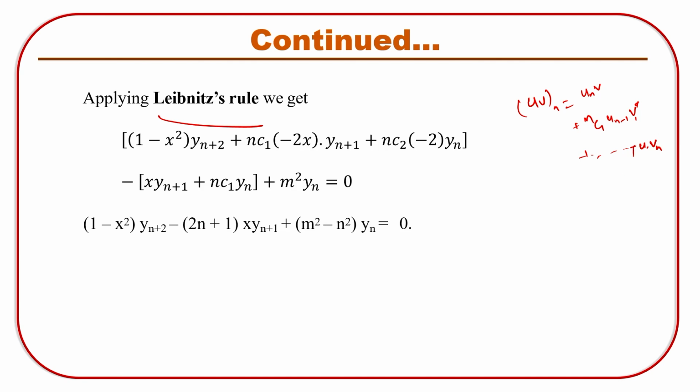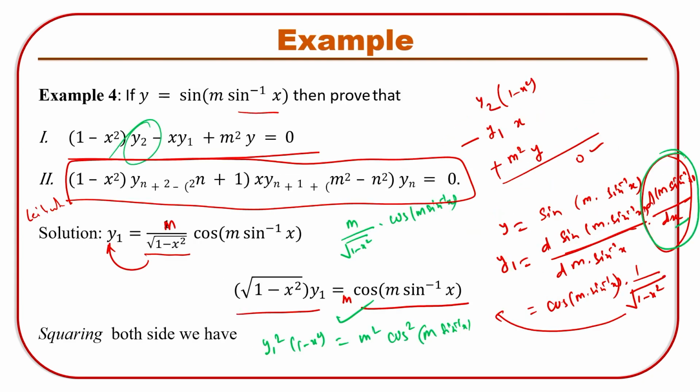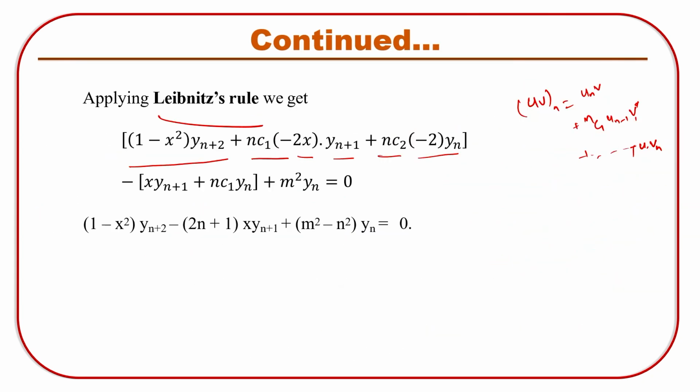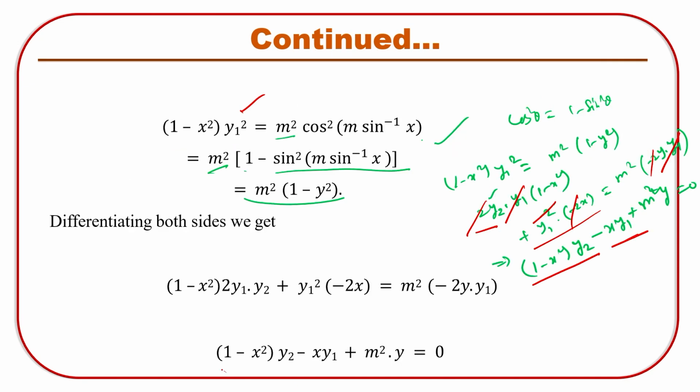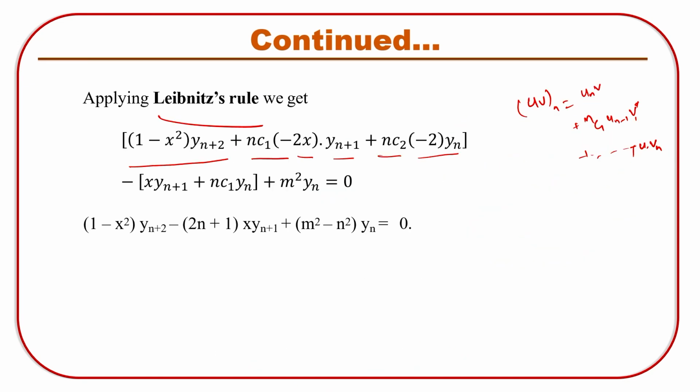So, doing the same thing, (1 minus x square) yn plus 2 plus nC1 minus 2x yn plus 1 and nC2 minus 2 yn. Why are we using this? Because it has two functions here. So, using this, it will give you (1 minus x square) yn plus 2 minus (2n plus 1) x yn plus 1 plus (m square minus n square) yn is equal to 0.